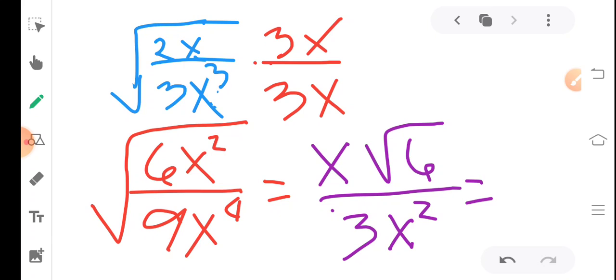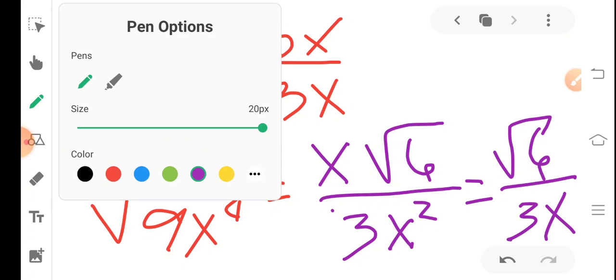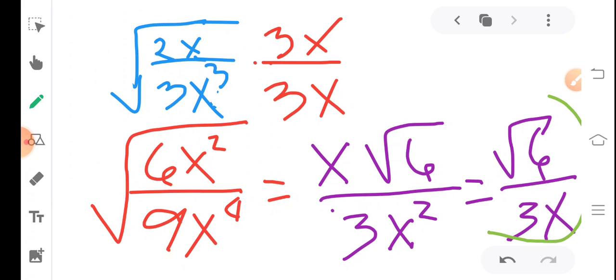So the final answer is the square root of 6 over 3x. So this is our final answer.